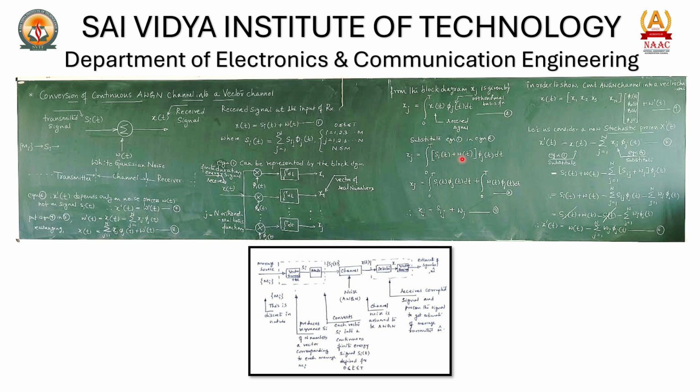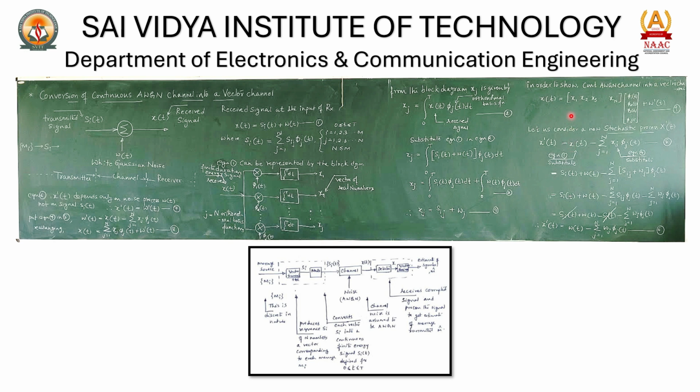Substitute that equation here and simplify: the integral of Si of t phi j of t dt plus the integral of w of t phi j of t dt. What does this term represent? This term represents the vector value of the transmitted signal. And this represents the noise. So what is the expression for the vector that is produced here? That is the sum of the transmitted signal vector and the noise.